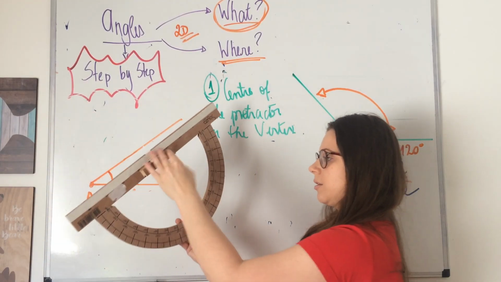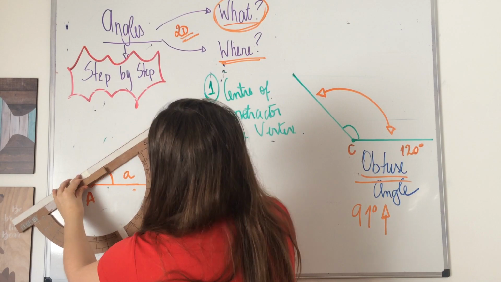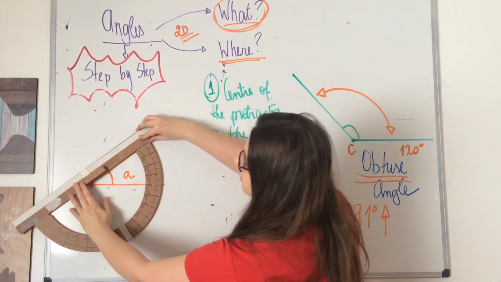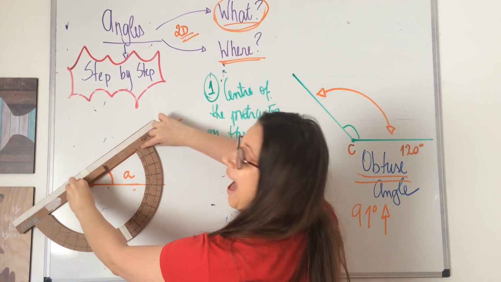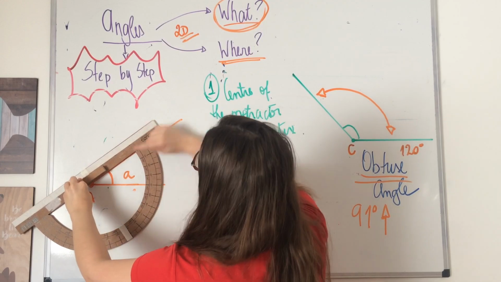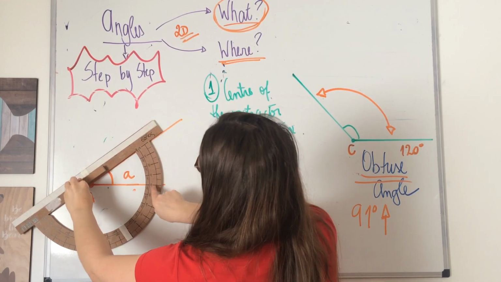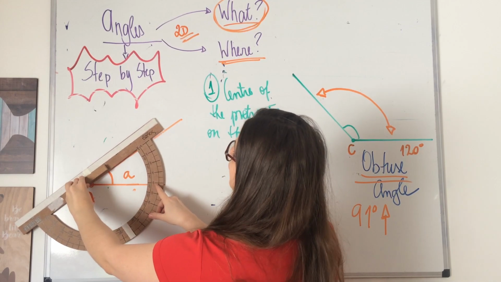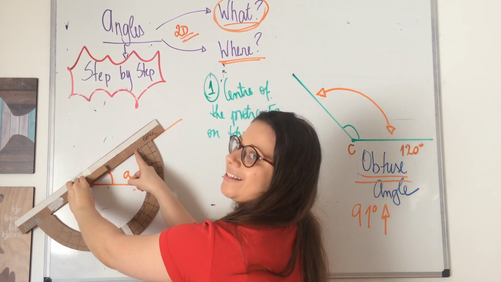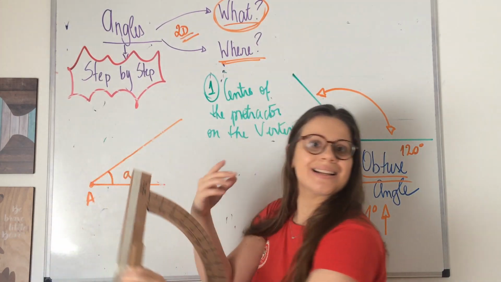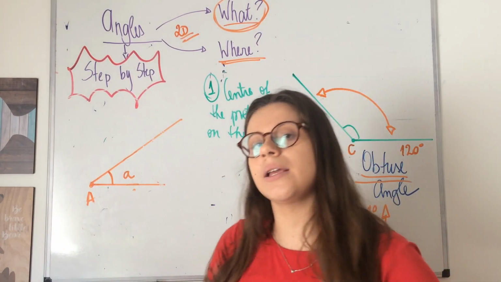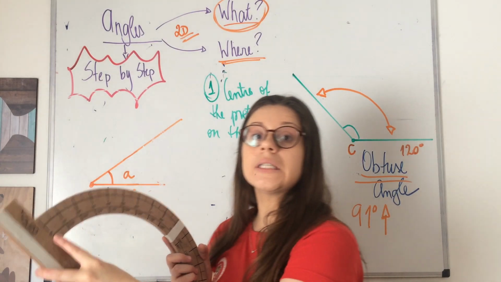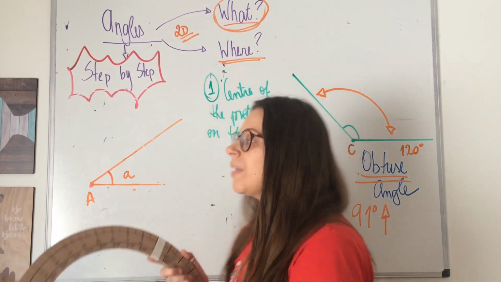If I change and I use the other arm of the angle, I find the 0 on my outer scale. 0, 10, 20, 30, 40. In my inner scale, I have 180. It doesn't make sense to start measuring an angle on 180. I have to go on the 0, okay?